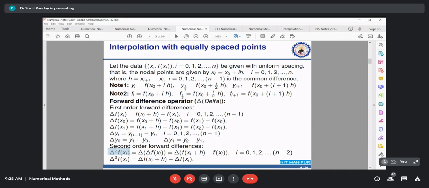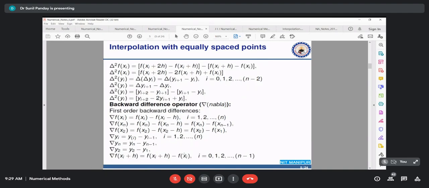The second order forward difference means we are applying delta one more time to this, delta of f of xi. So that is applying delta two times to f of xi, and you will get the second order differences of the function f of xi. You know that if I apply delta the first time to f of xi, by the definition it is this one.